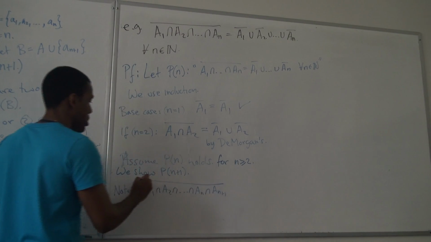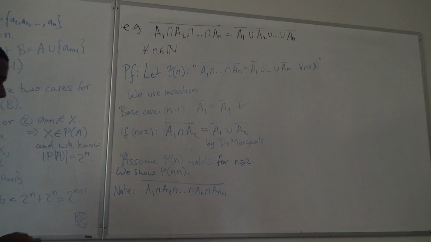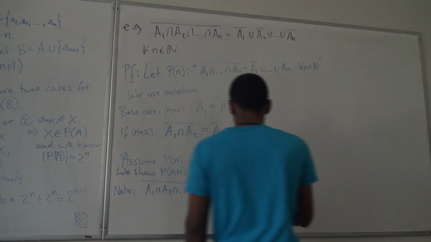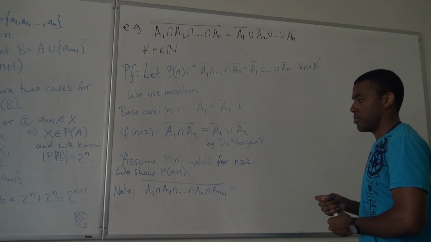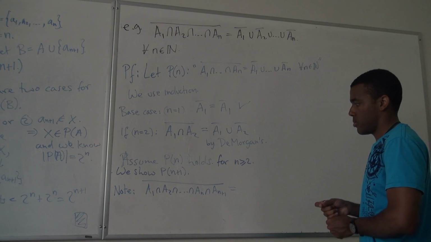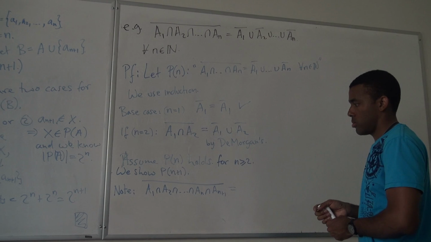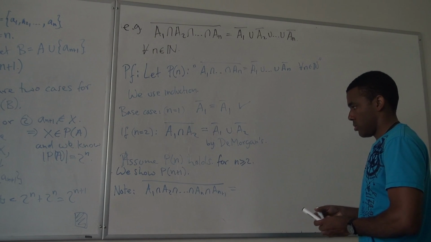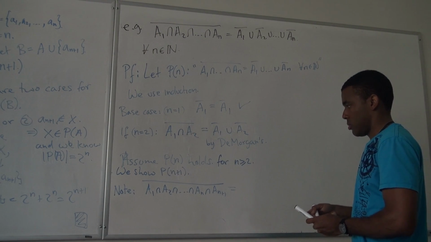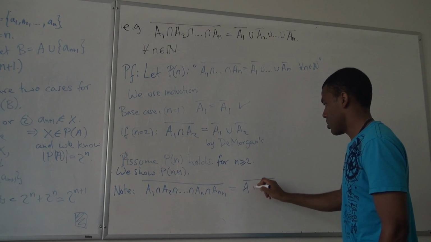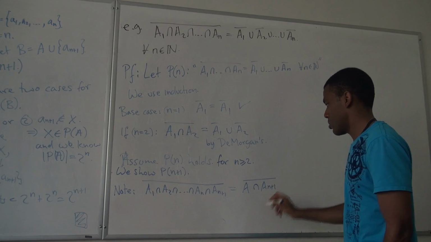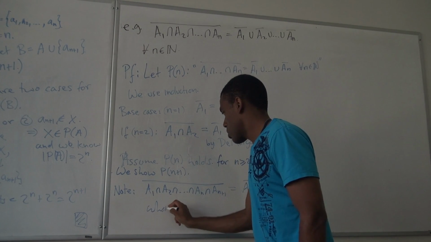So now I'm taking the complement of the intersection of n plus 1 sets. What can you make this look like? Can you say, for example, that A without a subscript equals A1 and A2 until the An? So we will have the, yeah, A.